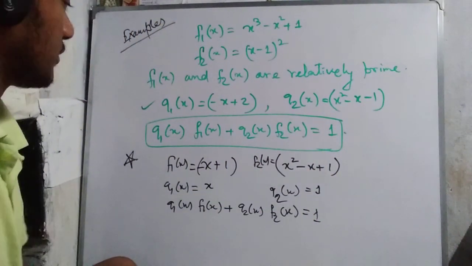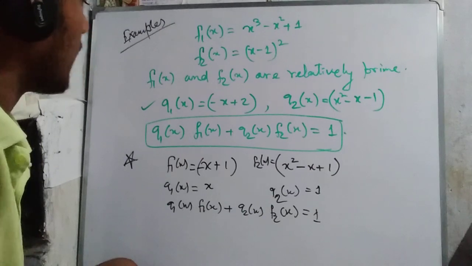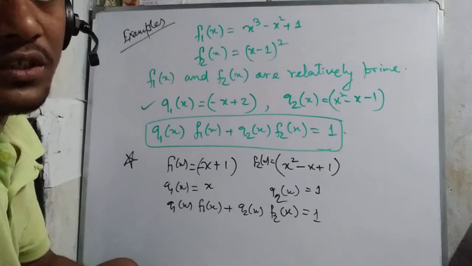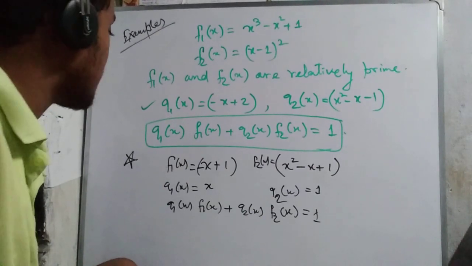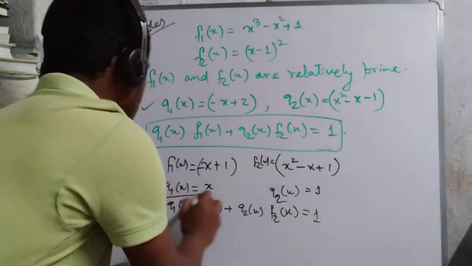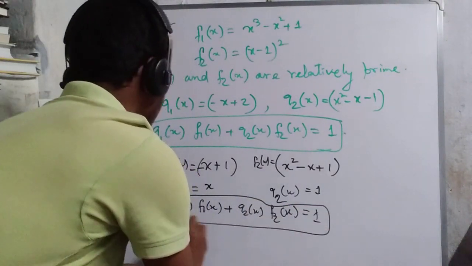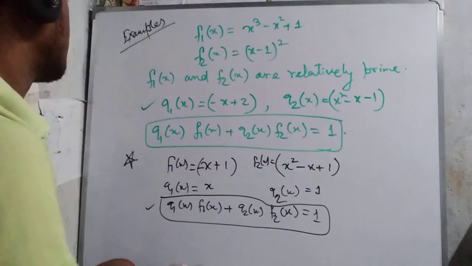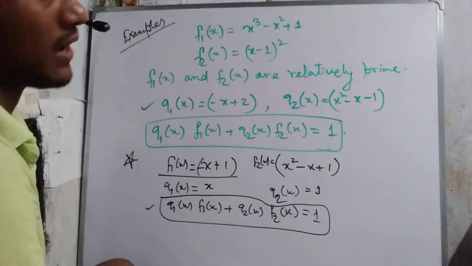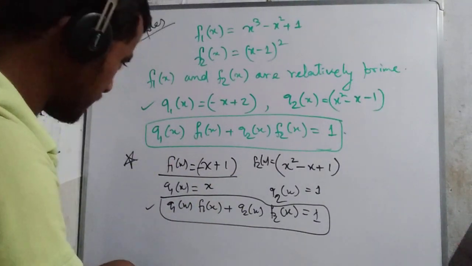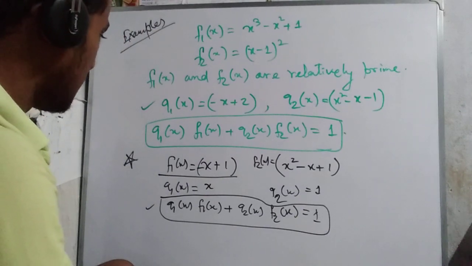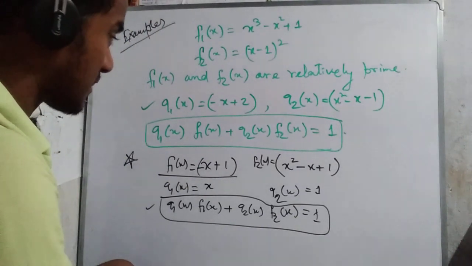Then we create another example that satisfies this relation. Just f1(x) equal to minus x plus 1 and f2(x) equal to x squared minus x plus 1.